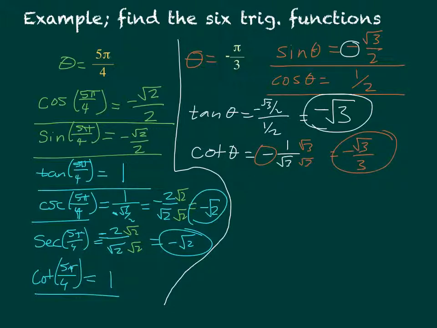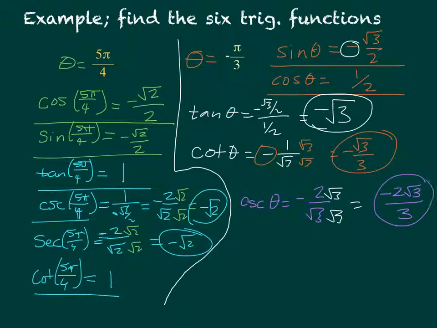So that is cotangent of theta. Next, I want to find cosecant of theta, so that is the reciprocal of sine, so that's going to be negative 2 over square root of 3. And again, we need to rationalize here, giving me negative 2 square root of 3 over 3.